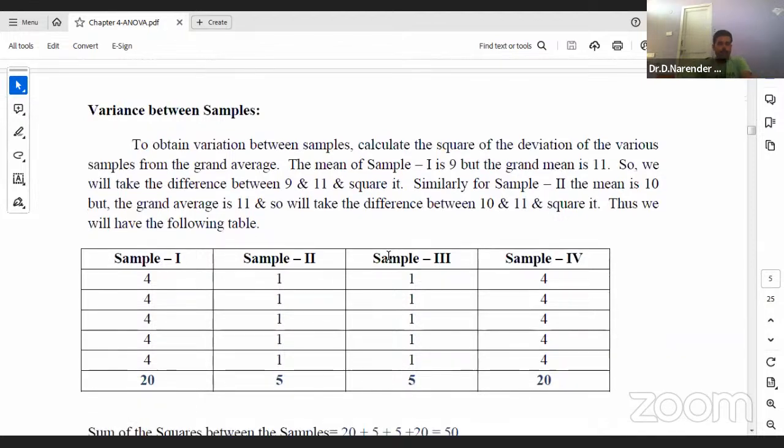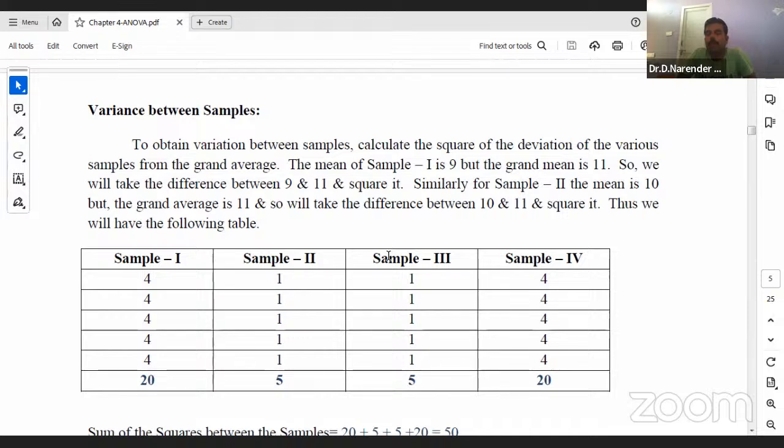To obtain variation between samples, calculate the squares of deviation of the various sample means from the grand average. The mean of sample 1 is 9. Mean means average. The average is 9, but the grand mean is 11. In the first step we got 11 and in the second step we got 11.